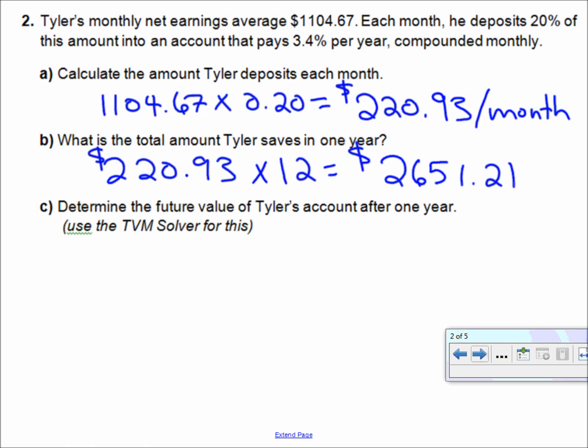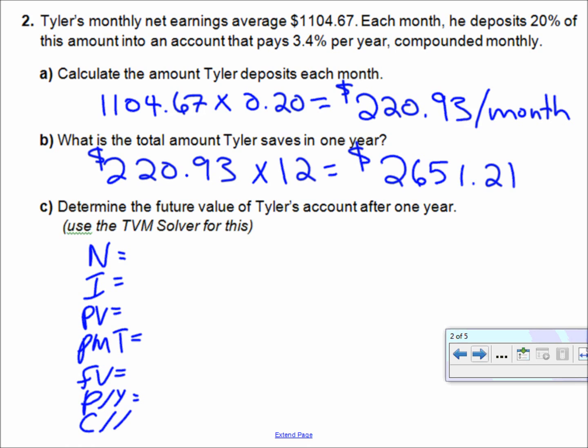Now they're saying we want to know how much interest he's accumulating, so we're going to do our TVM: N, I, PV, PMT, FV, PY, and CY.